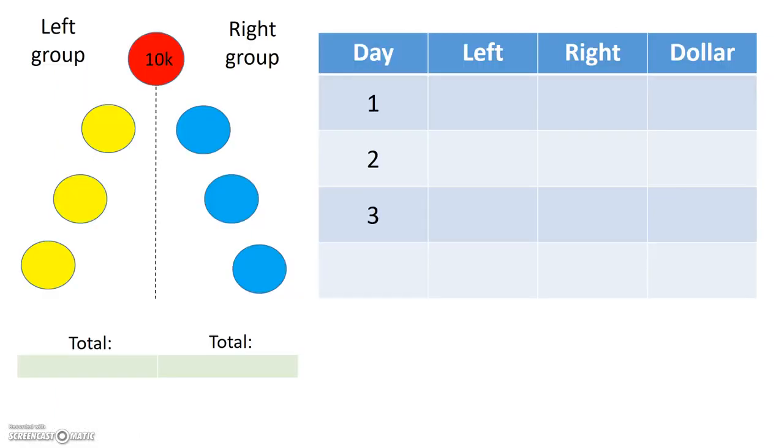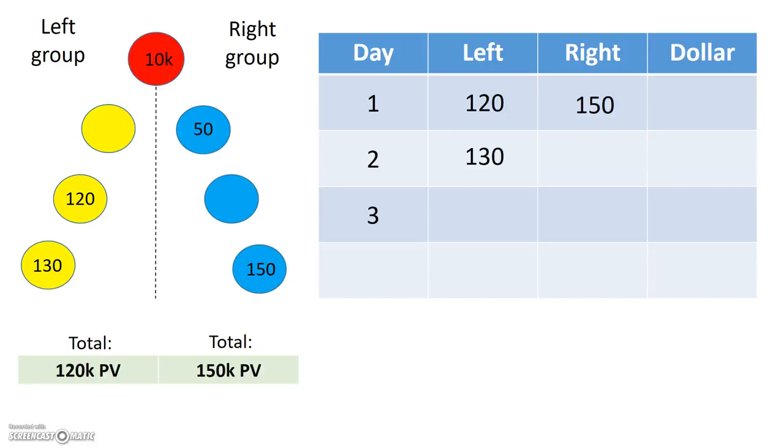Okay, let me explain step by step. Let's say I'm in the first category, 10K. Today, the first day, there are people buying in my left group and in my right group, and that's how the system will add up. Second day, two different people buying, the system will continue to add up. On the third day, the system will continue to add up.